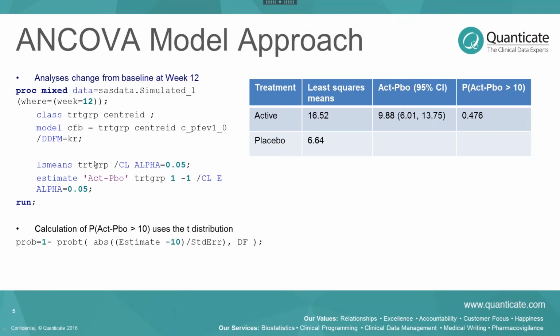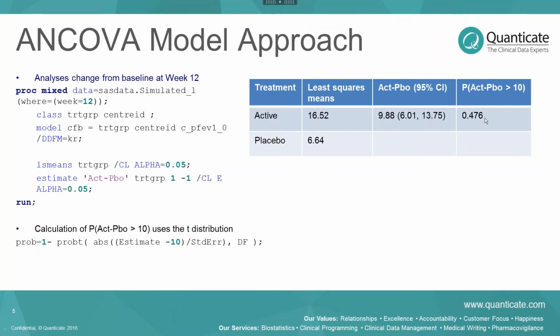And to start off, we did a simple ANOVA model, so looking at change from baseline in week 12. So we've got a proc mixed with treatment and centre as categorical variables, change from baseline, looking at treatment, adjusting for centre, and this is the baseline covariates.